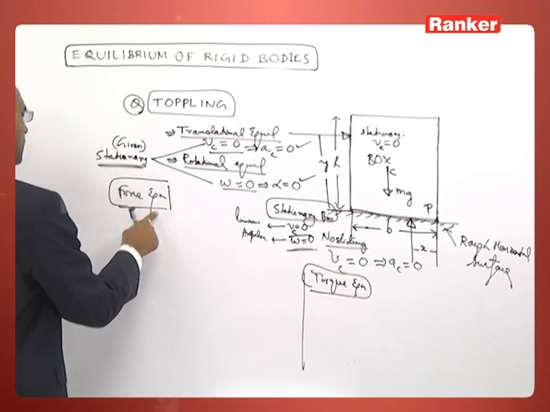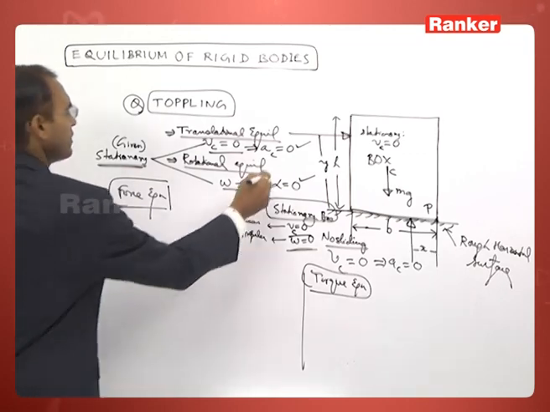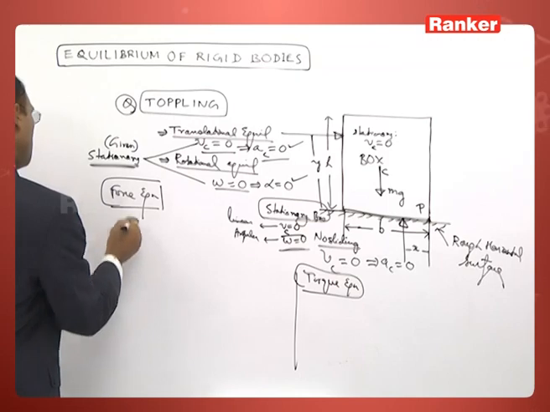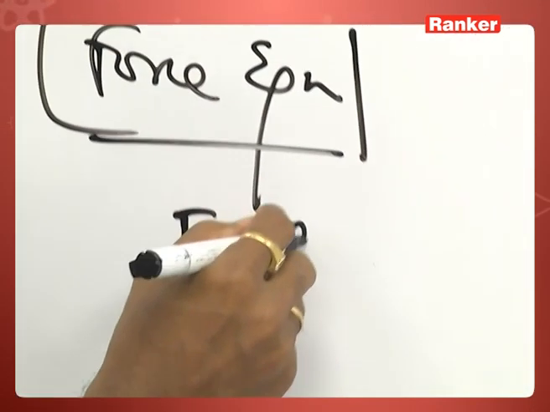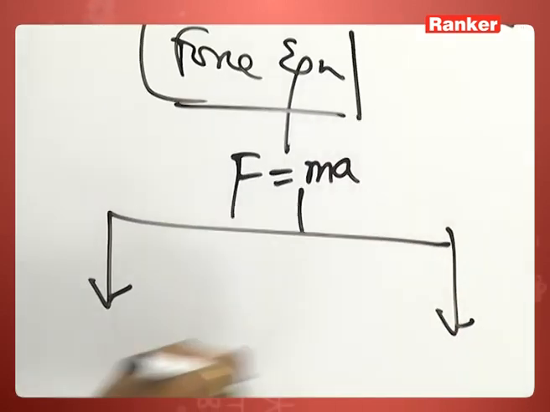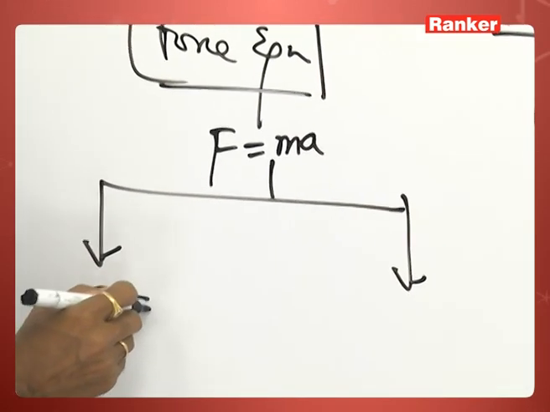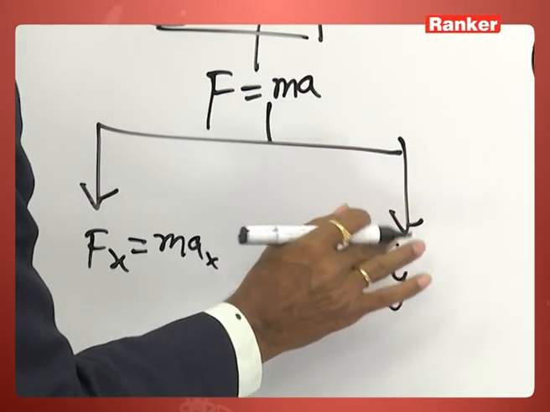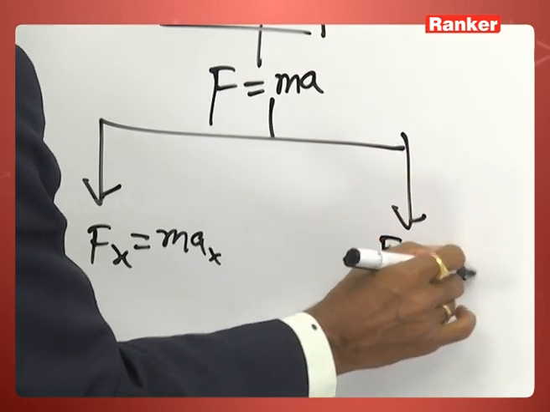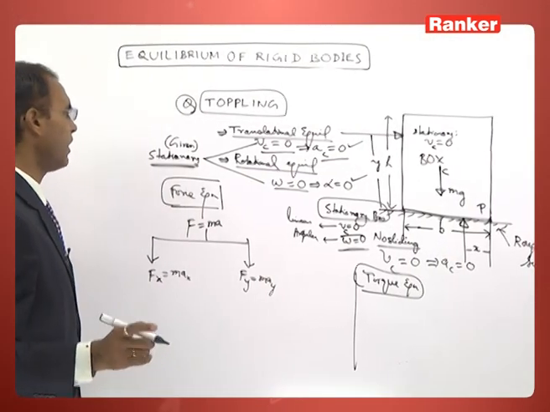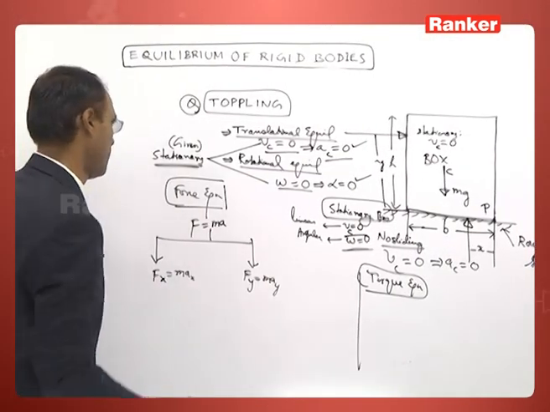Fourth equation can be written by using the acceleration of the center of mass. F is equal to m a. It has two components. Fx is equal to m a_x, Fy is equal to m a_y. a is the acceleration of the center of mass.